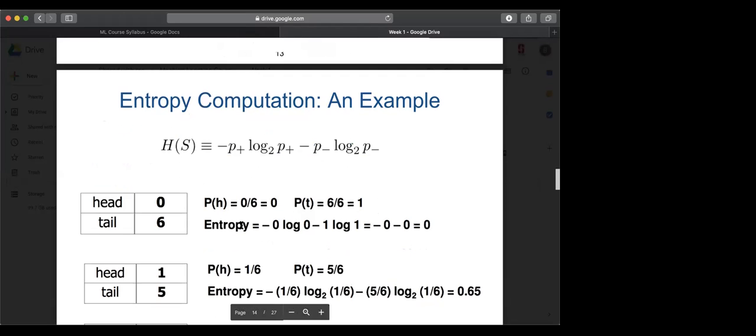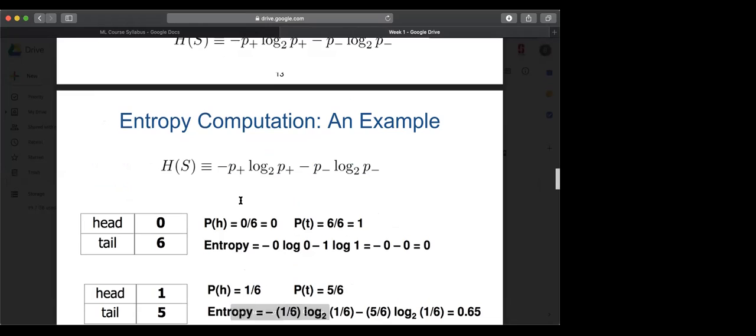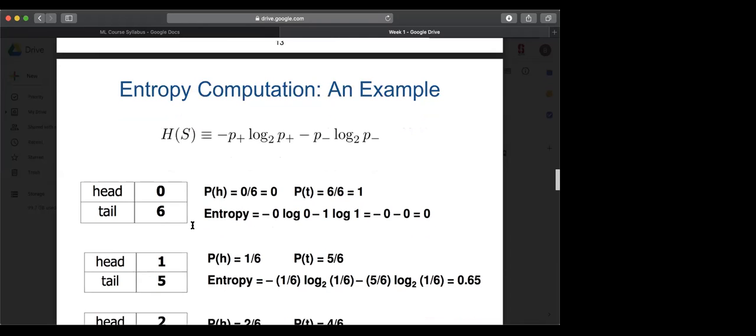I think I see what that means. Entropy is all about randomness, right? Well, in this case we're talking about uncertainty. So in an event space where you have six coin flips and they all were tails, that's a really unlikely scenario, correct? However, you have a high certainty about what your next event would be.